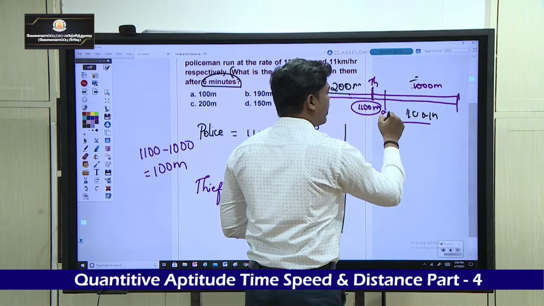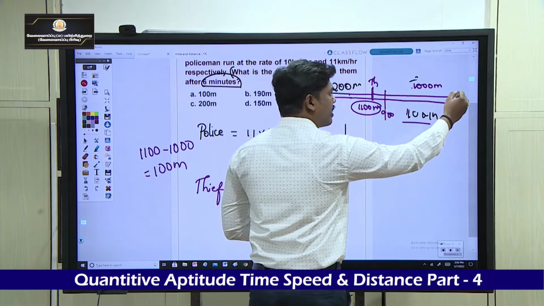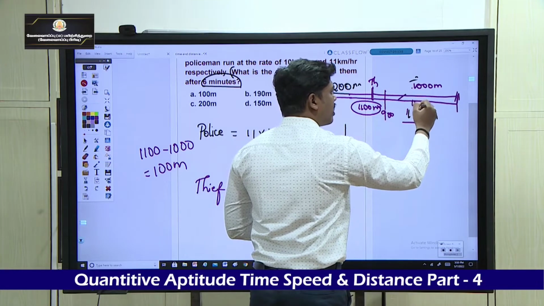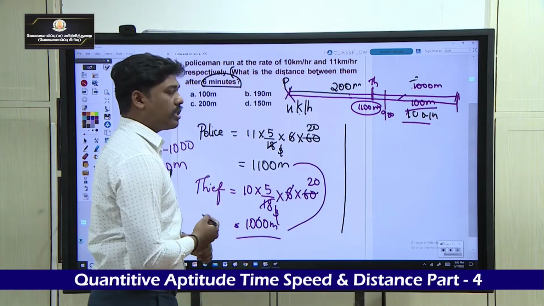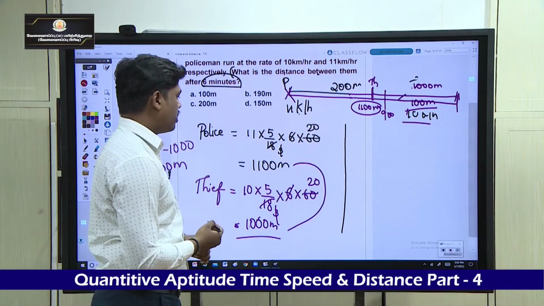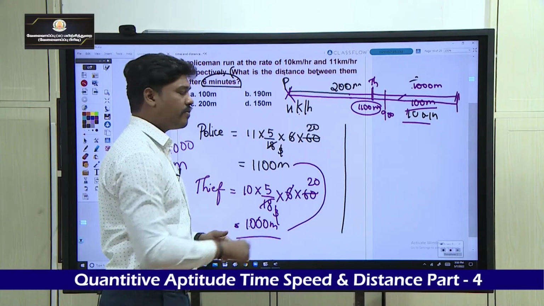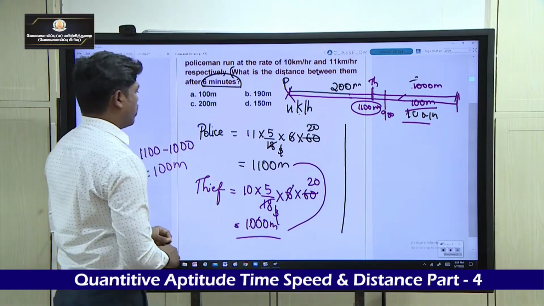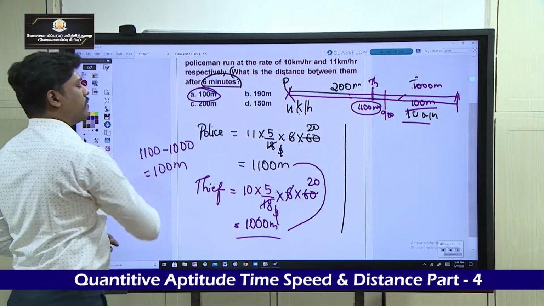At this point you will be the police and the thief at this point. The distance between them is 100 meter. So, after some more minutes, definitely he will catch the thief. The distance between them now is 100 meter.